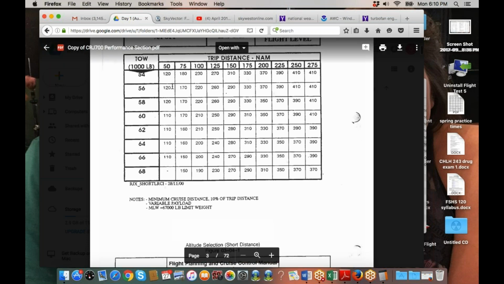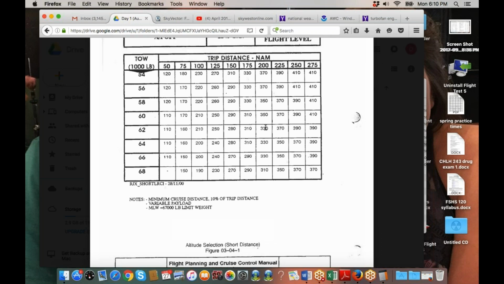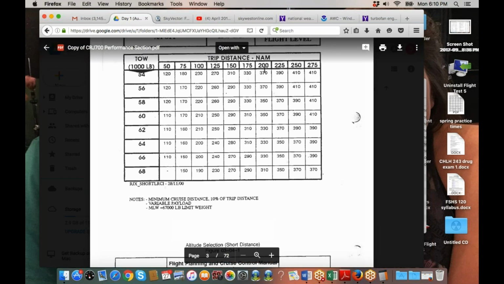Big takeaway from this: if we're heavier, clearly we're not going to be able to get up as high. You can see it goes down in each row, sometimes by a lot, 37 to 31.